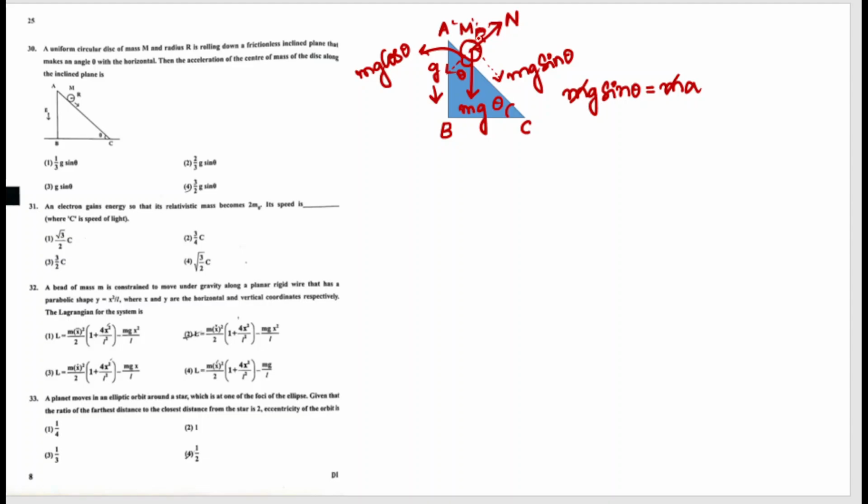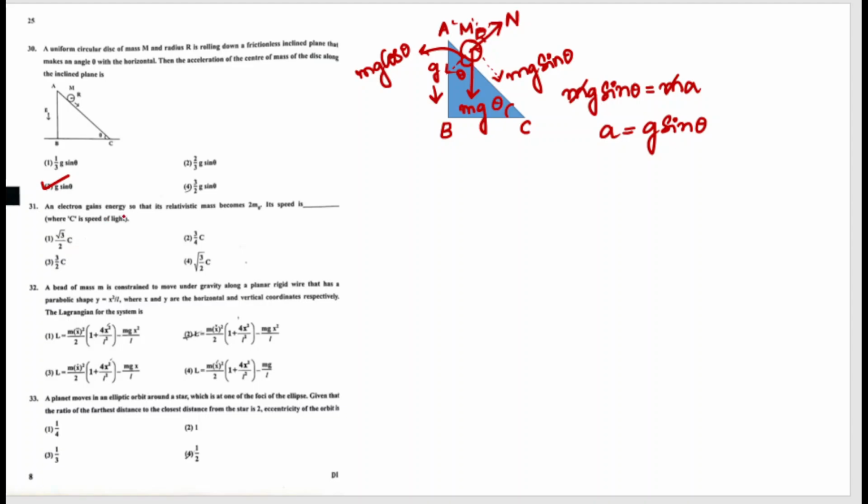They have kept it as a capital M, I took it as a small m, it is fine. So I got acceleration a equal to g sin theta. From here I can confirm that option C is the right answer, that is acceleration equal to g sin theta. Yes, let us move on to the 31st question.